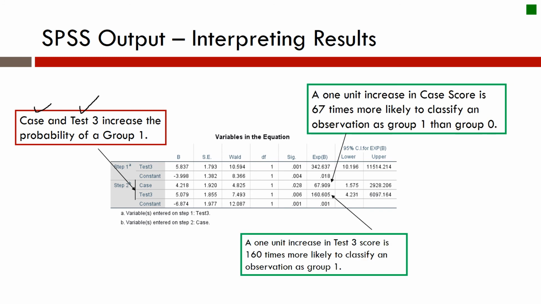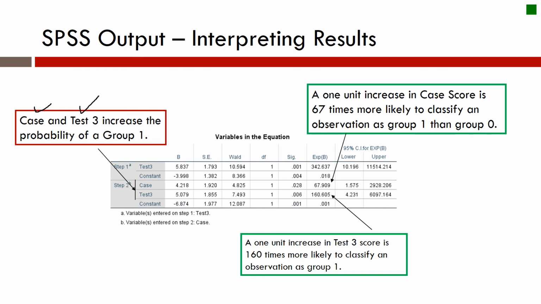What we also look at now, and we didn't talk about it in depth earlier, is the exponential b. So if we take the exponential of this b, we get this exaggerated number, the 67.9 and the 160.6. This is actually very interpretable. So what this means, this is the strength or the power or the magnification, if you will, that these variables play in placing an individual in the first group.